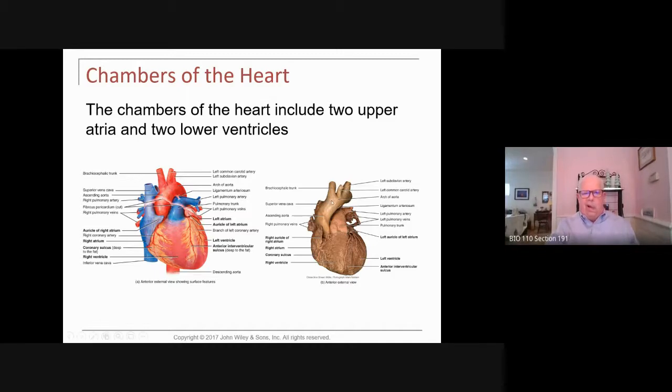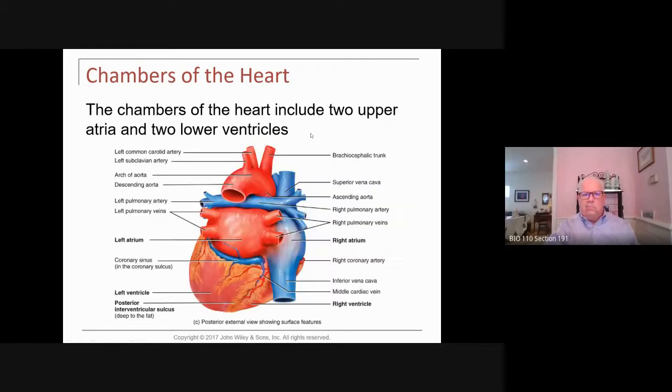And we'll talk a lot more about both chambers. This is a very important diagram because it shows you the veins and arteries that come from the heart and also take blood into the heart. And we'll talk much more about them in a few minutes.